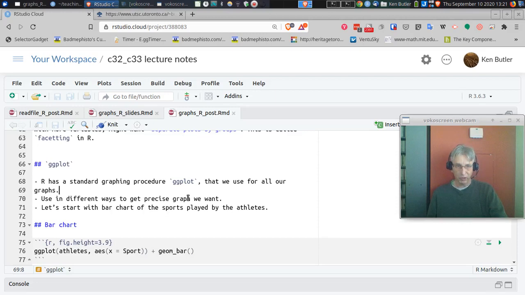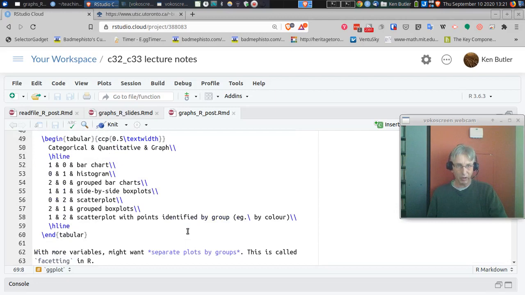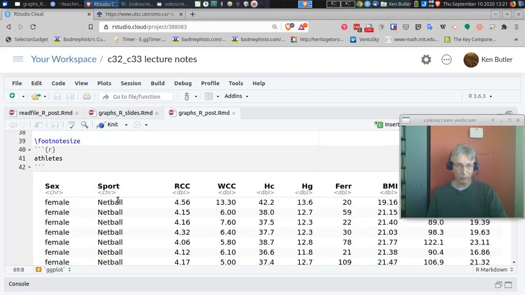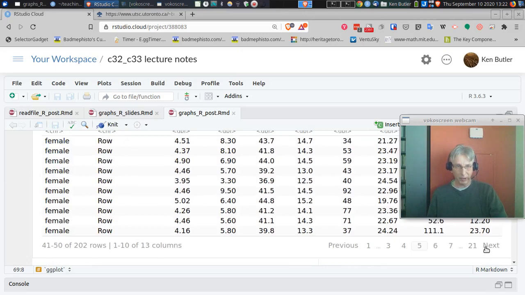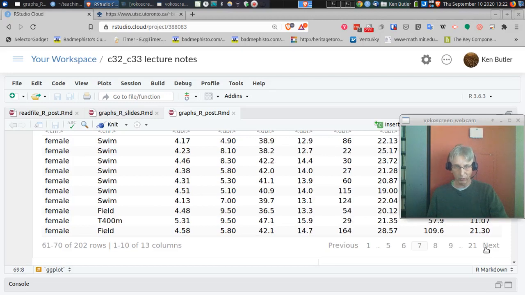So, let's think about how we're going to make a graph of the sports played by the athletes. Well, we can go back to our data. Sport is categorical, it's actually text here, so the text is a clue that it's categorical. It could possibly be netball, basketball, rowing, swimming, tennis, field athletics, track, or 400-meter runner, or anything like that.